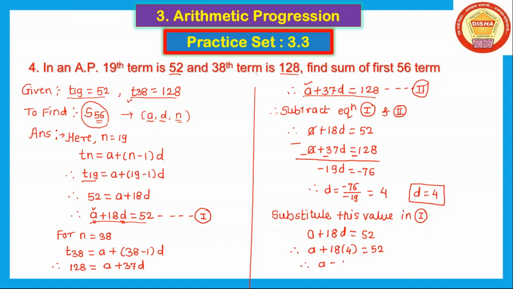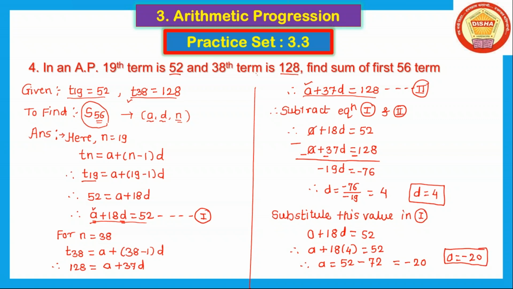A is equal to 52 minus the product of 18 into 4, that is 72. So it is equal to minus 20. See, we find here A is equal to minus 20 and D is equal to 4.